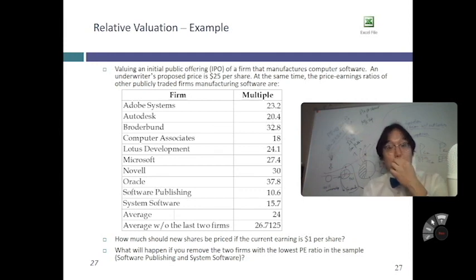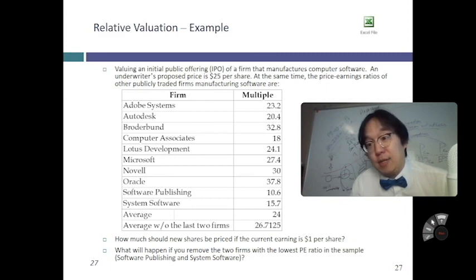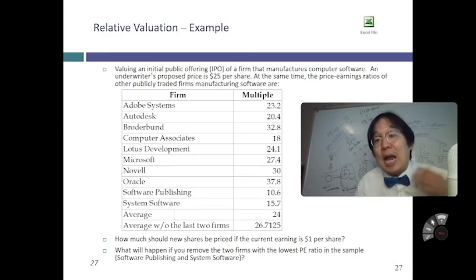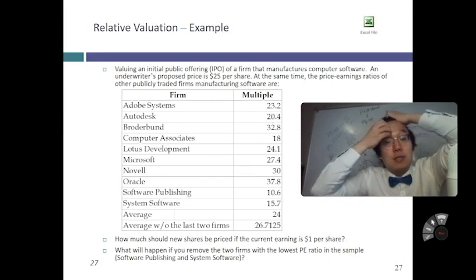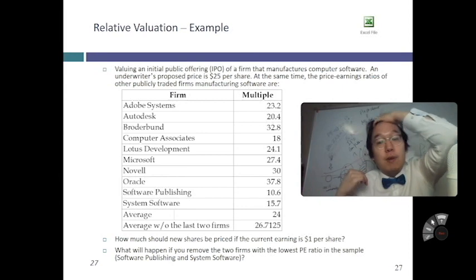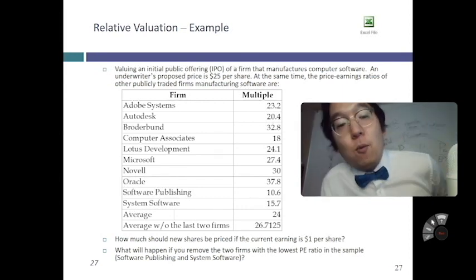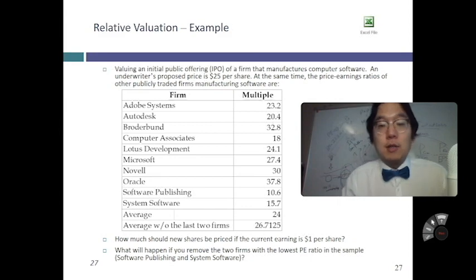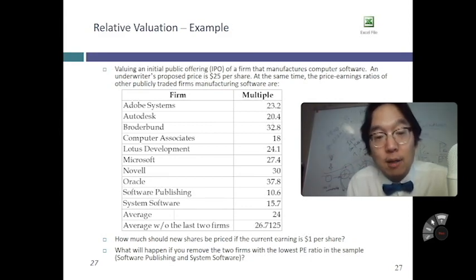Let's see, Broderbund, sounds more like German. 32.8 times, so this company is more highly valued than Adobe Systems. Computer Associates, 18 times. Lotus Development, 24.1 times. Microsoft, 27.4 times. Novell, 30 times. Oracle, 37.8 times. Oh my God.